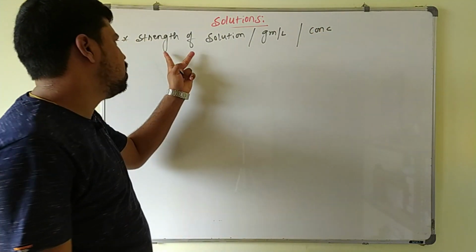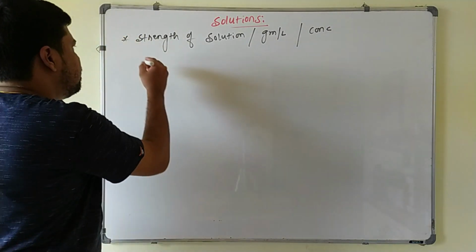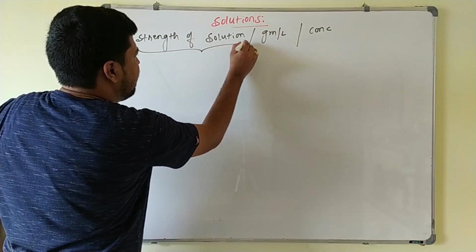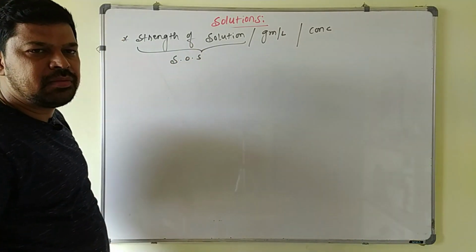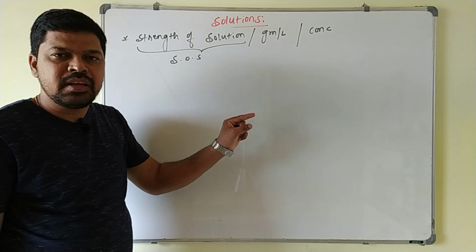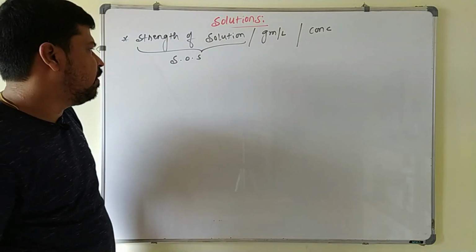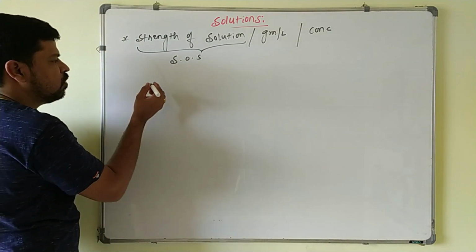Strength of solution, gram per liter and concentration are all the same. In short, we call it strength of solution. Strength of solution is the mass of the solute in grams present in 1 liter of solvent, or we can call it solution also.